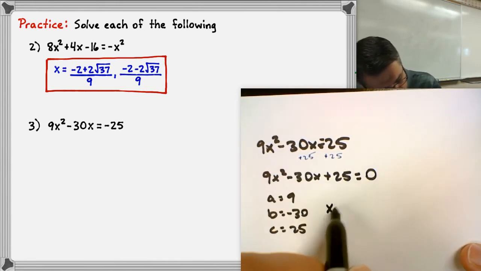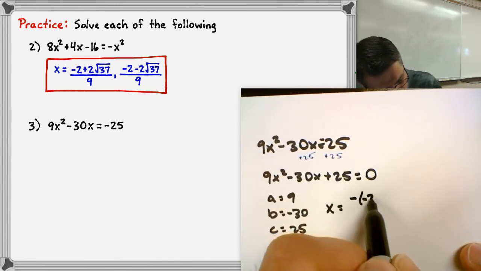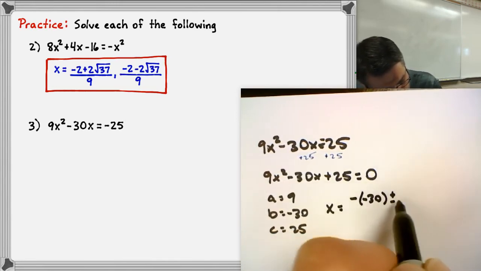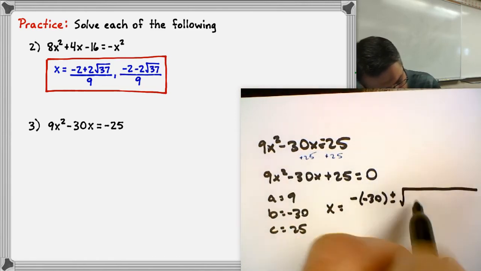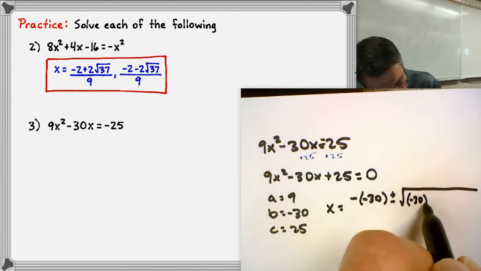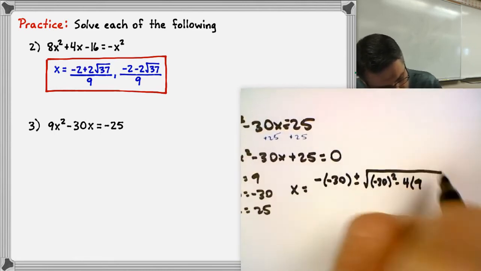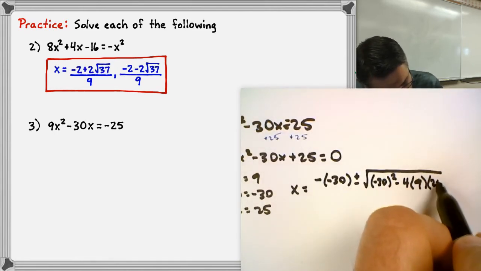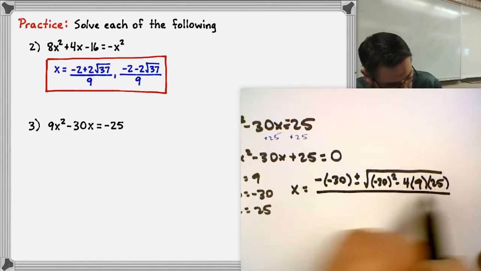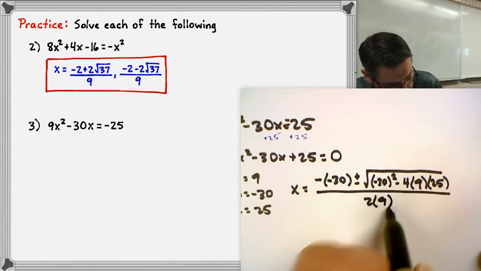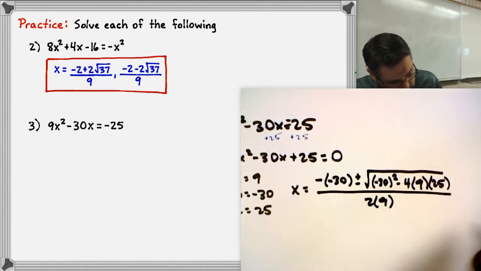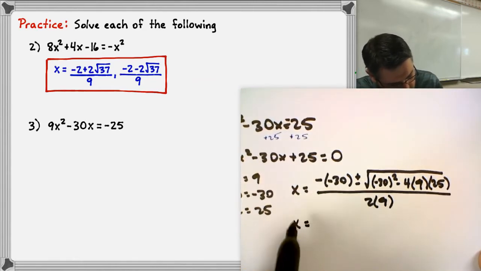So x equals negative 30 plus or minus the square root of negative 30 squared minus 4 times 9 times 25, all over 2 times 9. All right, from here, we're just going to simplify as best we can.